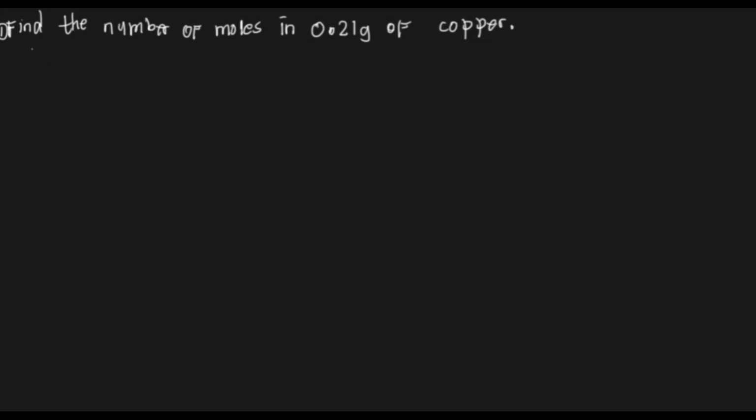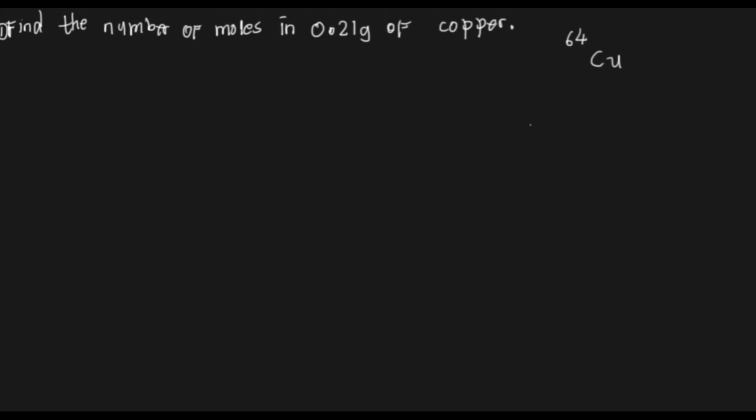The first example is: find the number of moles in 0.21 grams of copper. If we go to the periodic table, we have the mass number for copper, which depends on the periodic table that you are using. If you are using a periodic table where mass numbers are whole numbers, you may have 64.